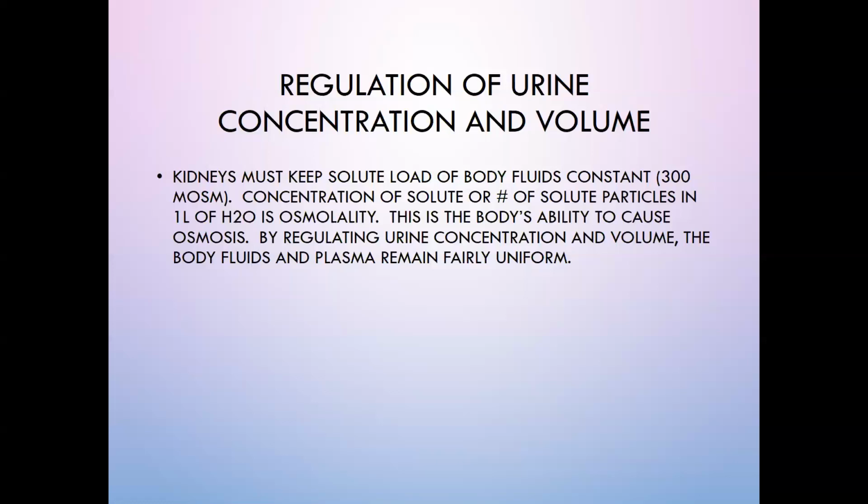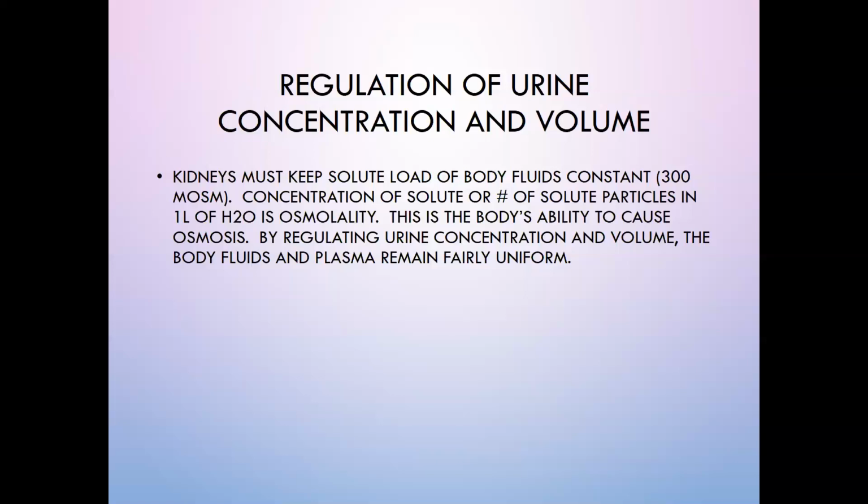So it's all about making sure my solute load is where it's supposed to be. That is my kidney's prime directive, essentially, especially even with filtration, because once you filter, you've got to reabsorb the right number of particles so that you're maintaining that osmolarity. So by regulating urine concentration and volume, the body fluids and plasma remain fairly uniform.